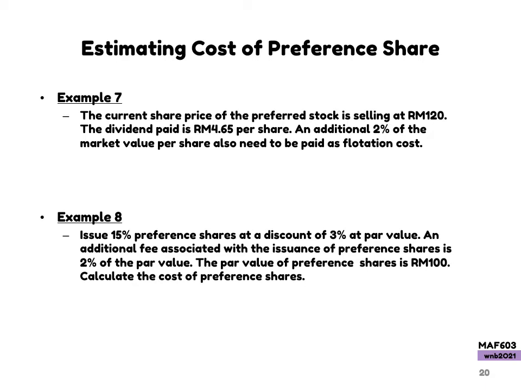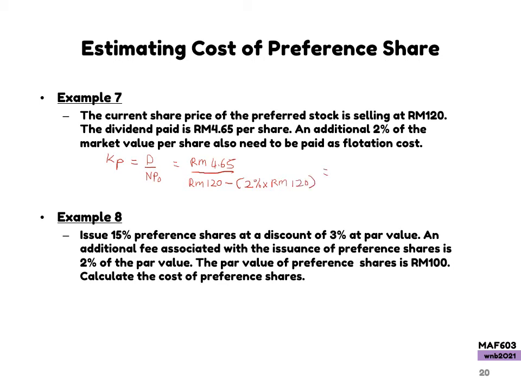When we want to find the KP for this question, KP equals dividend over net price. So for dividend we have RM4.65 over the market value, which is 120 ringgit minus the flotation cost, 2% of market value, 2% from 120.